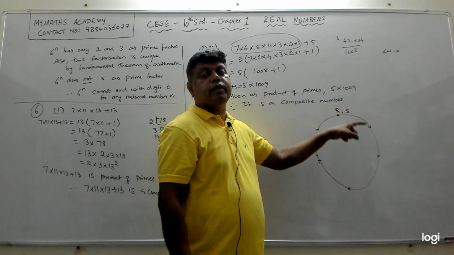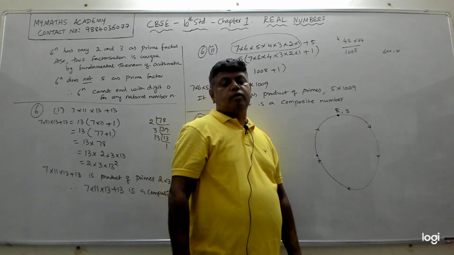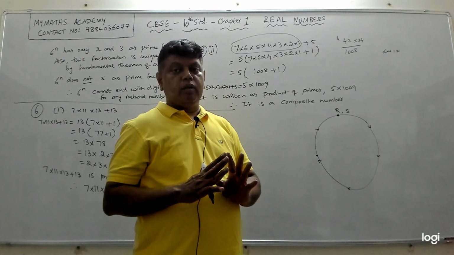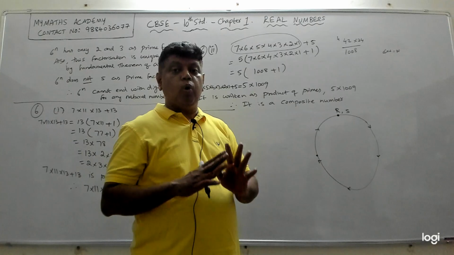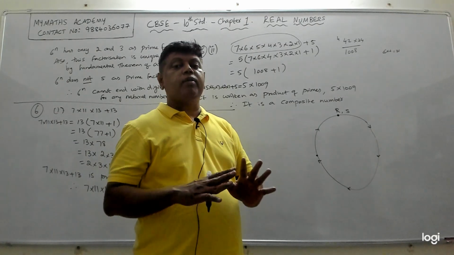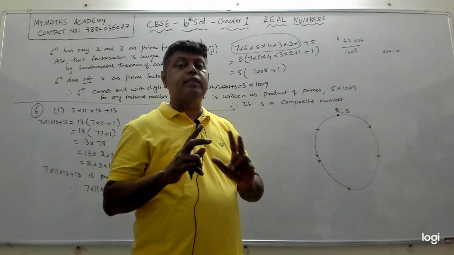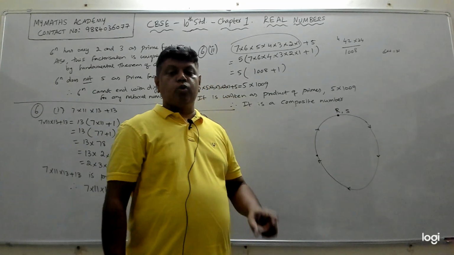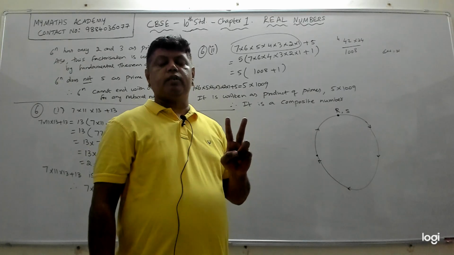So after how many minutes will both of them be at the same point at the same time? We need to find the number, which is the lowest common multiple, which means we should find the LCM of the two numbers, 18 and 12. Sonia takes 18 minutes, Ravi takes 12 minutes.